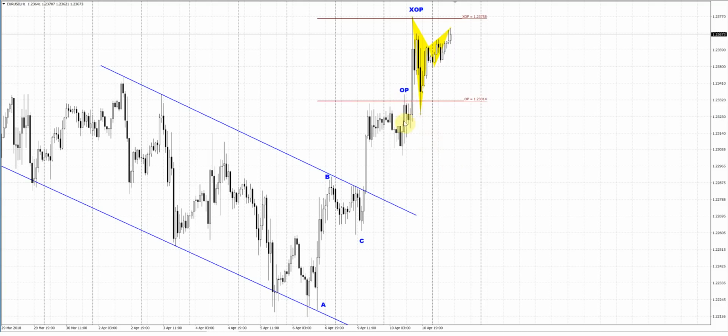But instead of that, you can see the OP has been tested, a minor pullback, no clear bearish reversal pattern here that could indicate the starting of retracement, and the market accelerated further. Right now it has hit the final XOP 123.75, so this ABCD pattern is mostly completed.